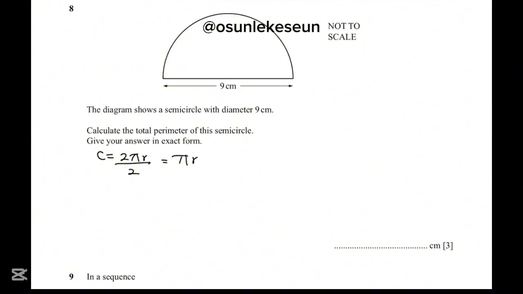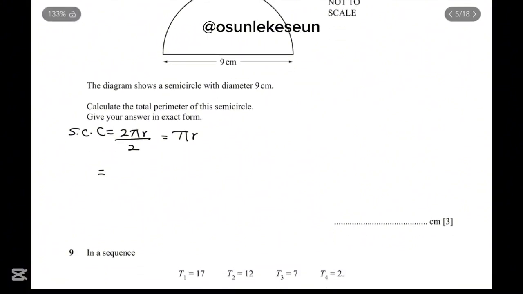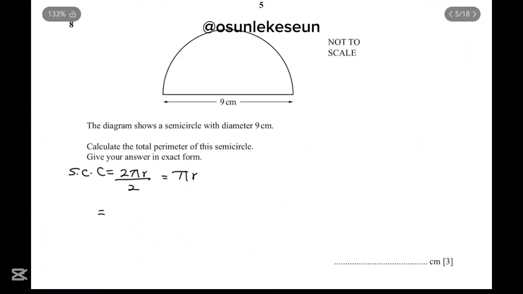So that is going to give us, for the semicircle circumference, let's do that now. That's going to give us pi in this case. We are told what to use as our pi, so let's use 22 over 7 times the radius, which in this case is 9 over 2.